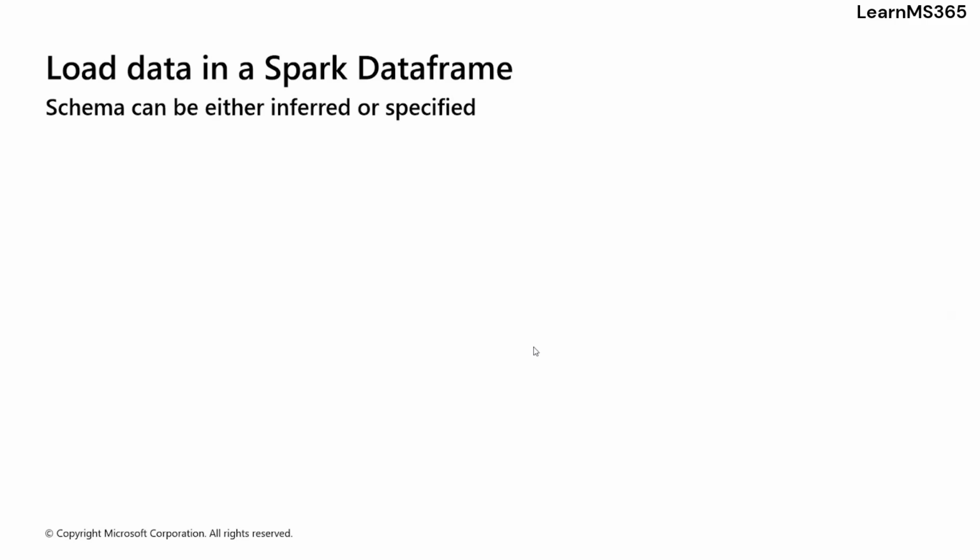Natively, Spark uses a data structure called a Resilient Distributed Dataset (RDD). While you can write code that works directly with RDDs, the most commonly used data structure for working with structured data in Spark is the data frame.